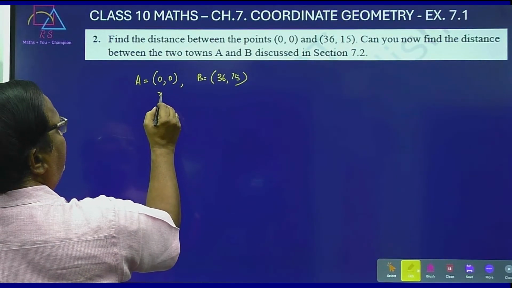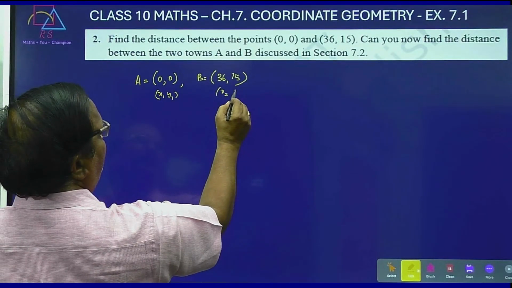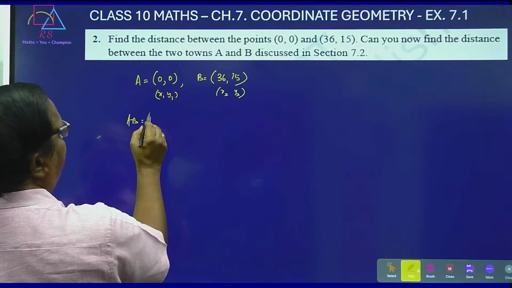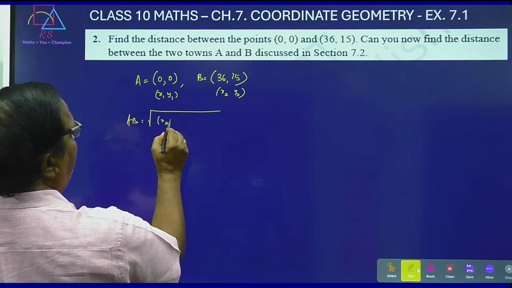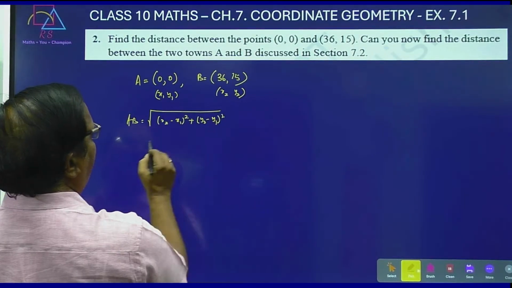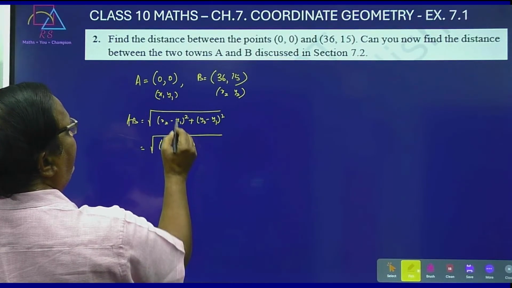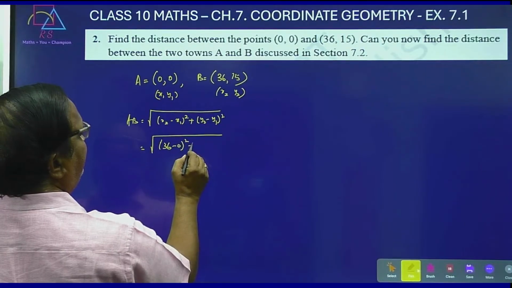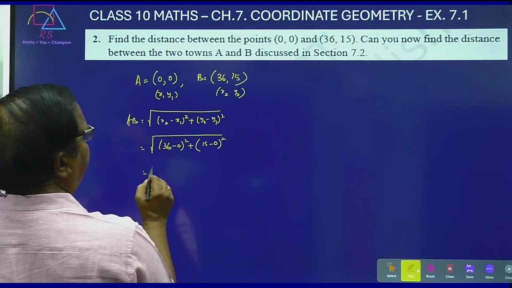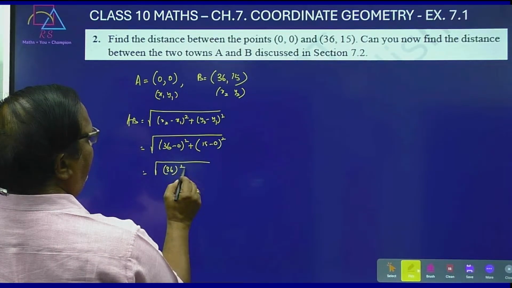Okay. So this is x1, y1 and this is x2, y2. Then AB is equal to square root of (x2 minus x1) whole square plus (y2 minus y1) whole square. So x2 is 36, x1 is 0, (36 minus 0) whole square, y2 is 15, (15 minus 0) whole square. So how much? 36 square plus 15 square.